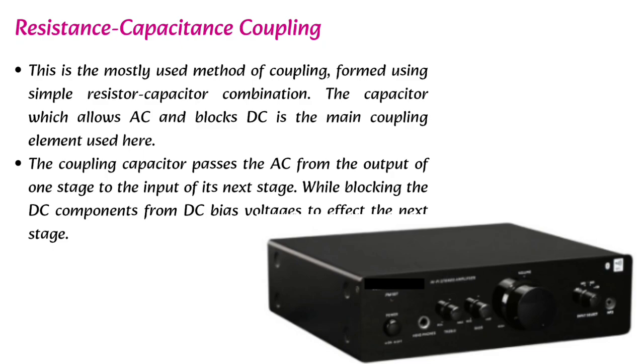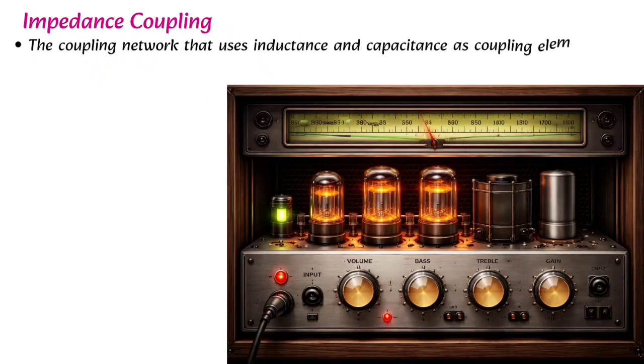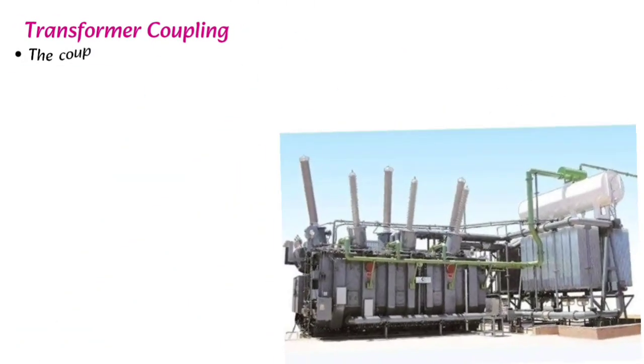The second is the inductance coupling. Inductance coupling is where we use a coil to couple the stages. The first stage of the amplifier is connected to the second stage by using the coil, that is called impedance coupling. The third type of coupling method is the transformer coupling.